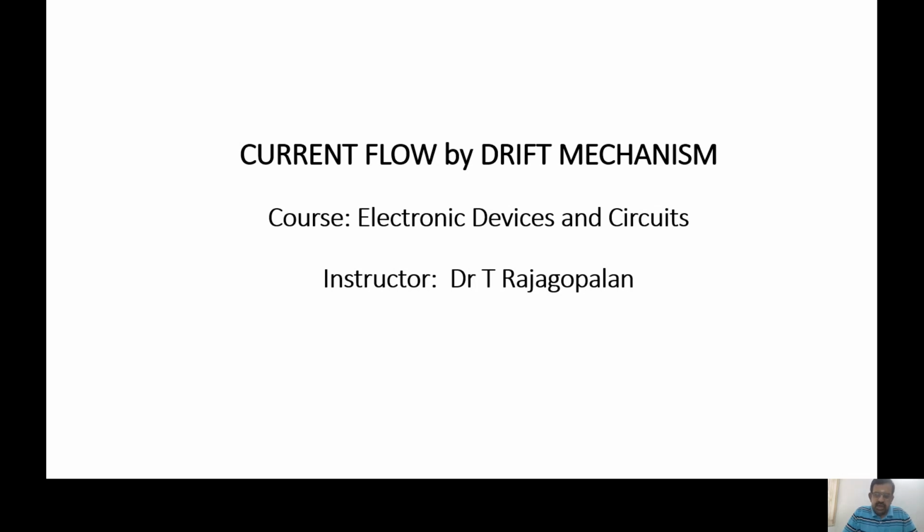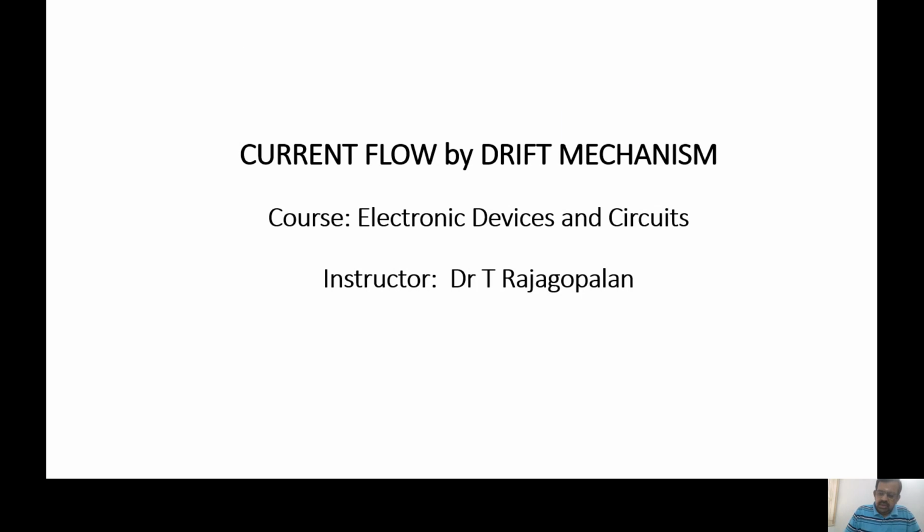Today, we are going to quantify that drift mechanism by deriving expressions for the drift current density, and then we also talk about an expression for the electrical conductivity of the semiconductor. Therefore, the resistivity also, because conductivity is the inverse of the resistivity and vice versa.